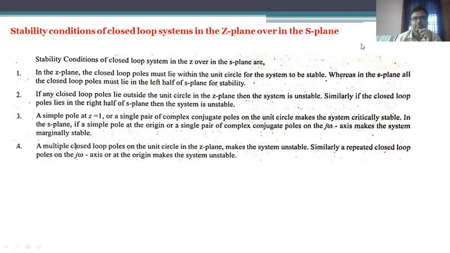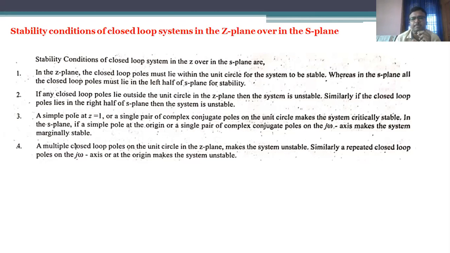These conditions are very familiar to you. In the z plane, the closed loop poles must lie within the unit circle for the system to be stable. As I have previously explained, in the z domain the poles of the transfer function have to lie within the unit circle.